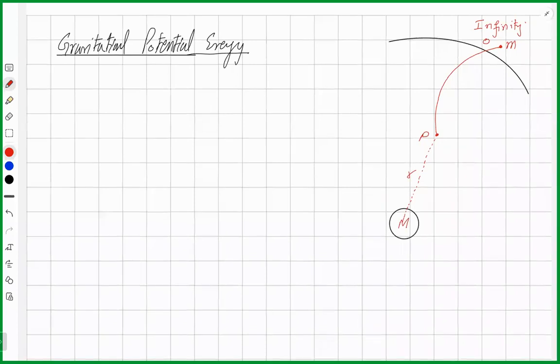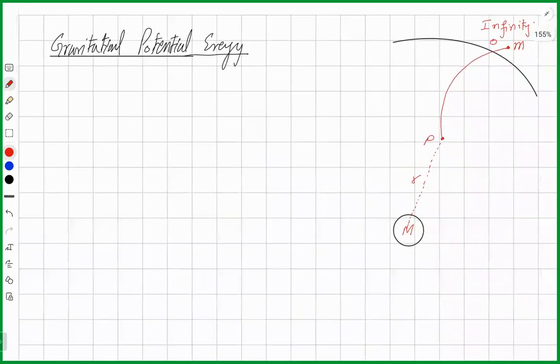But see, how do we define gravitational potential energy?